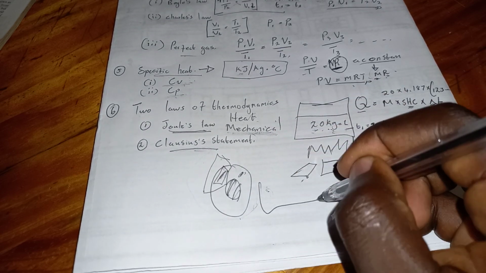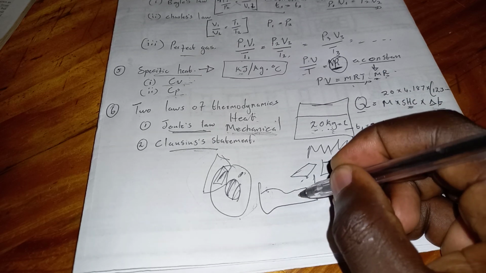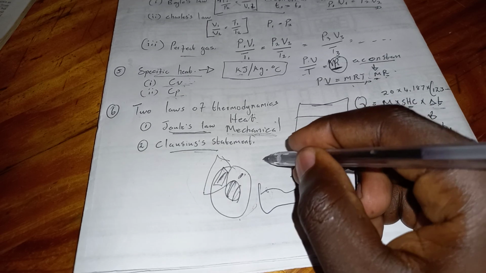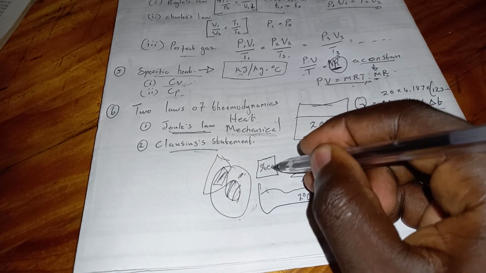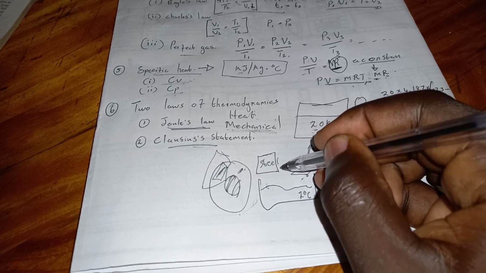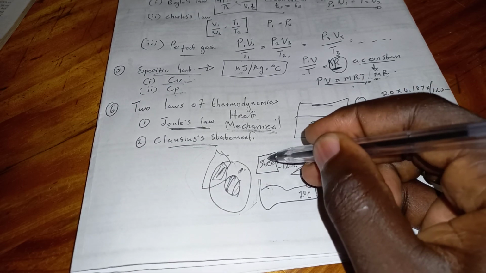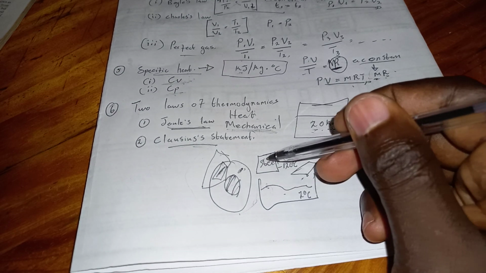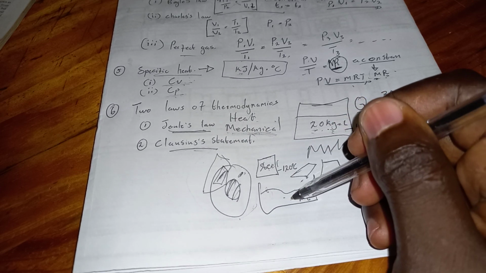Like if you have water, maybe this water is 2 degrees Celsius, and then you have a piece of steel that is hot, let's say 120 degrees Celsius. If you take this steel and put it in the water, the heat will be transferred from this hot substance to the cold substance.